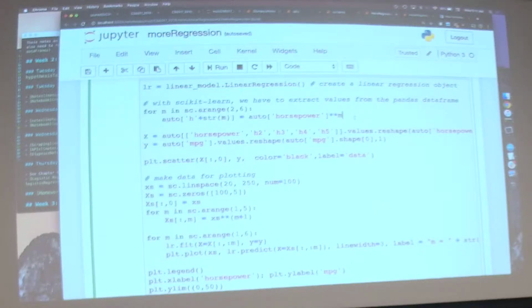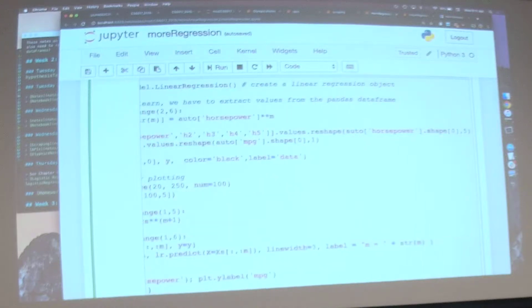Statsmodels is where we write out the formula and it computes those as needed. In order to do the fit, we have to compute horsepower squared and all that. Statsmodels does that for us. Scikit-learn doesn't, so here we're just adding those.